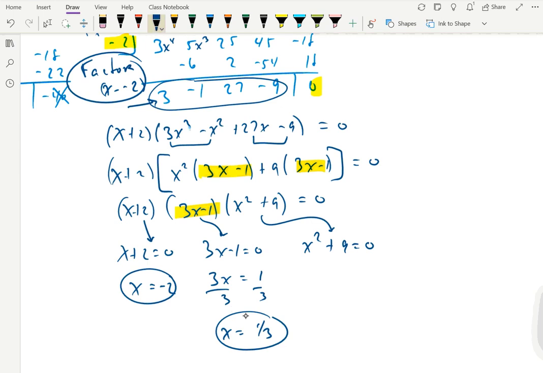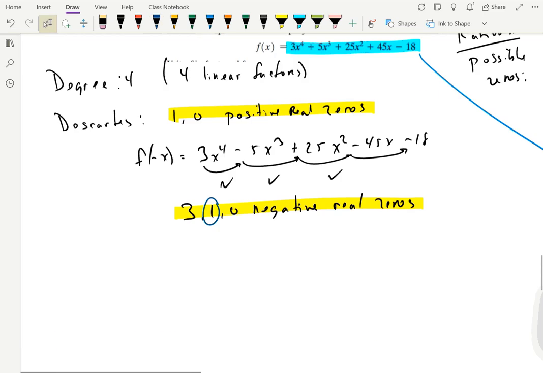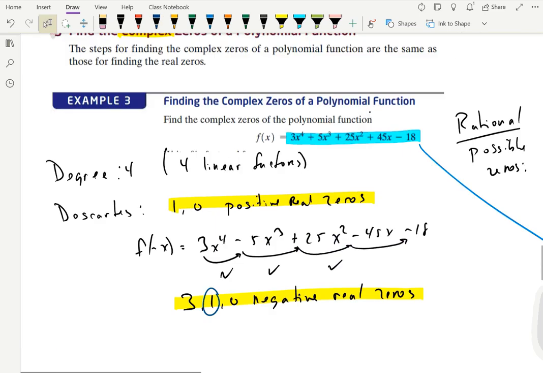If I go back to what I had seen previously, by Descartes' rule of signs, since I now have one positive real zero, there are no more positive real zeros. None else can occur. So I only have one. I could end up potentially with 2 other negatives.